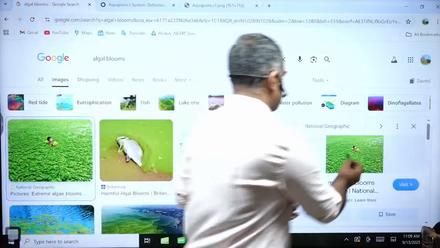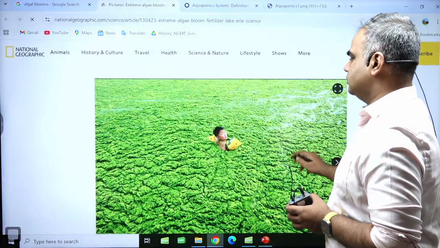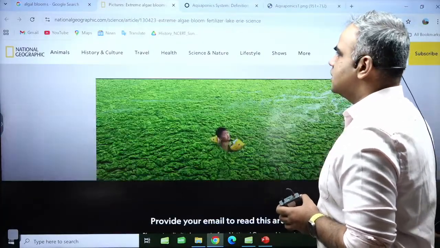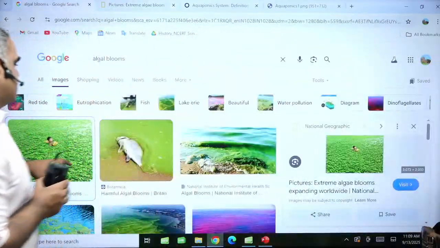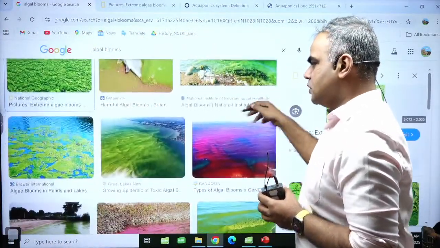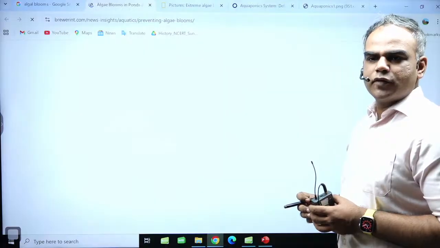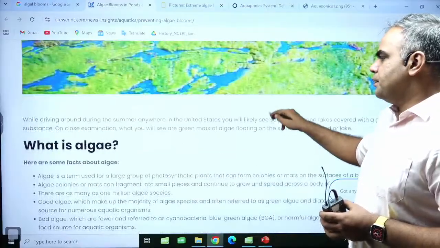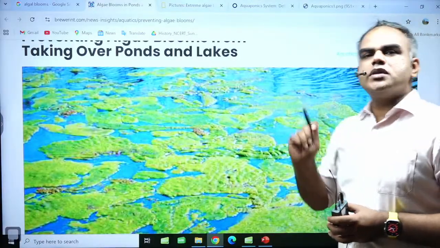Look, extreme algal bloom. I think this looks more like AI generated, although this is Nat Geo, so it could be original too. So look, this is very common in this way. These are the algae that have grown, right? You call them kai even. Can you see this? Now, I said this can lead to oxygen depletion. Why is that?